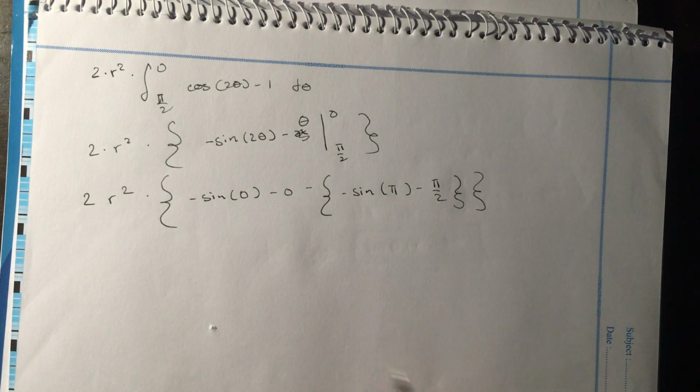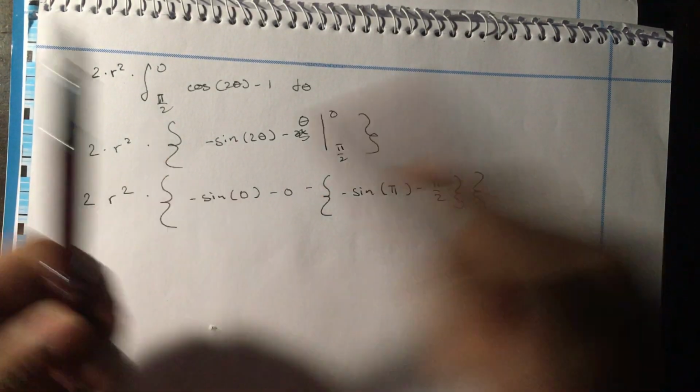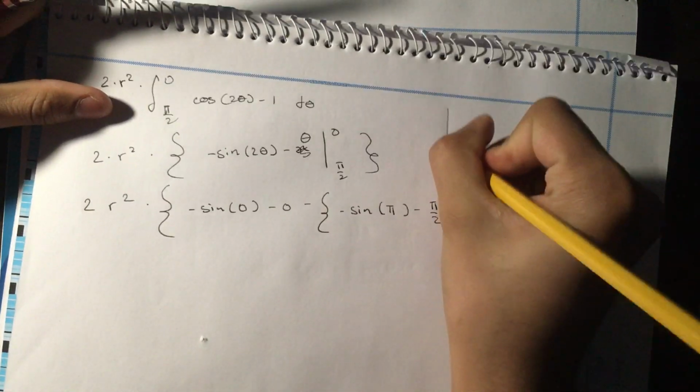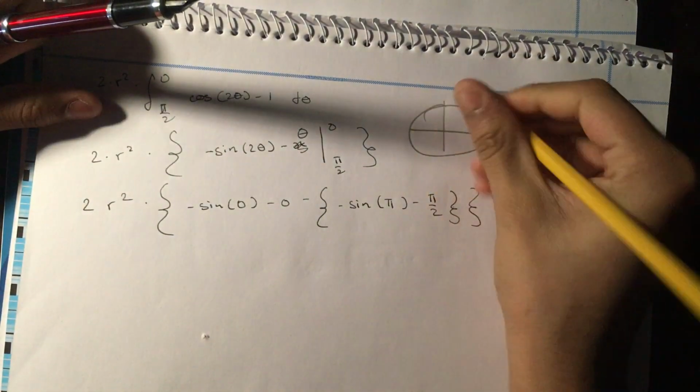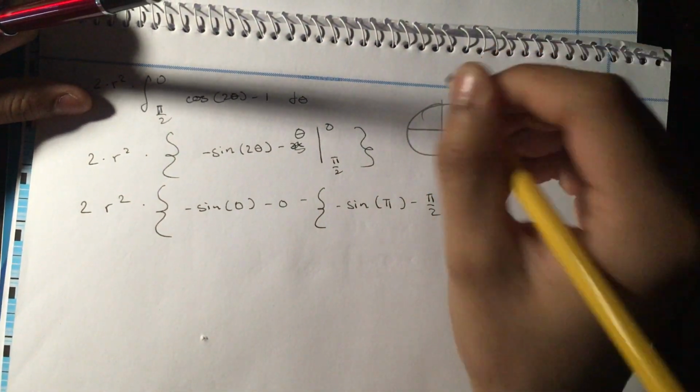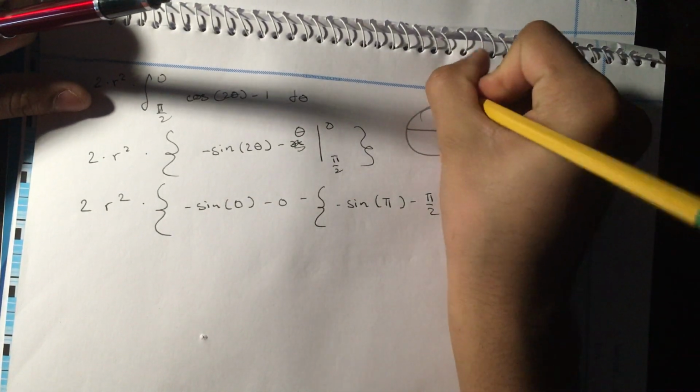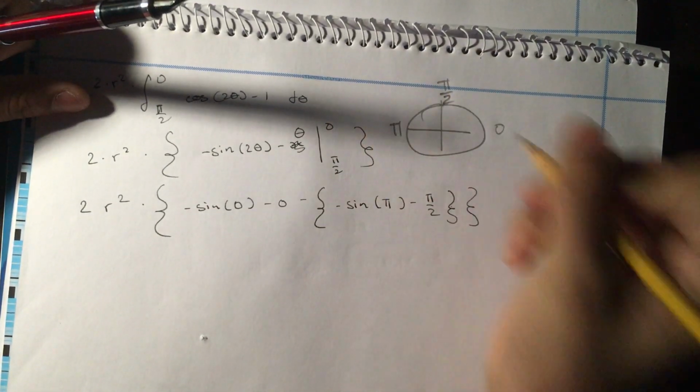Okay, this looks kind of complicated, but let's look at our circle. Okay, this is not even close to a circle, but we're going to pretend it is. And there you go.